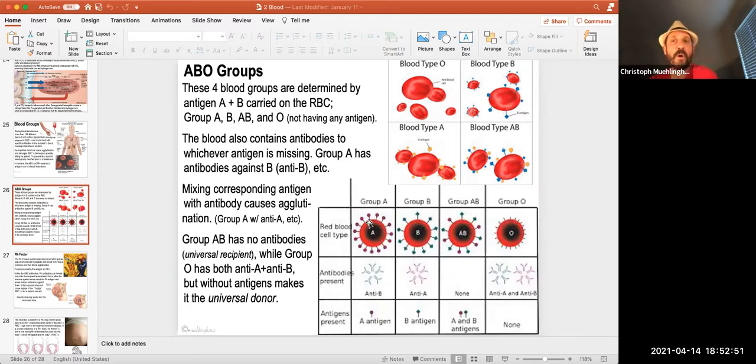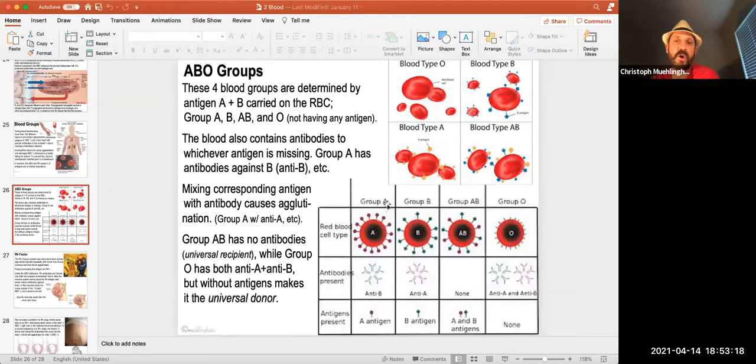They're also self-markers, but if you give, for example, a person who is group B, group A blood, they have a reaction to that because the markers on the red blood cells do not work together with the markers in the recipient's blood. So in the ABO system, we have two different markers that we really worry about.